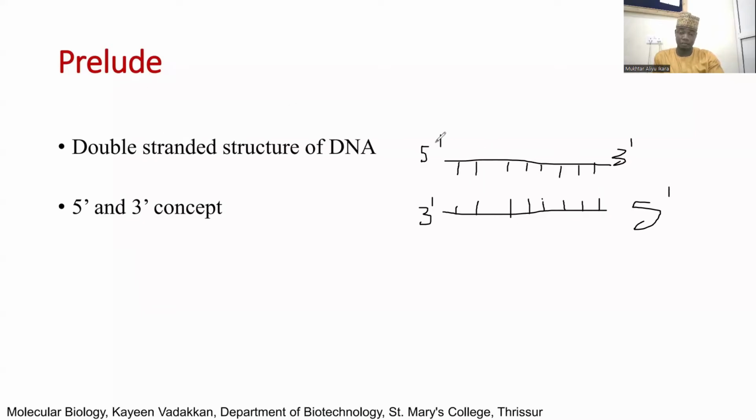And this DNA is very, very important and essential. And the genes are actually found in the DNA. So the genes are the segment of the DNA that are involved in the synthesis of protein.